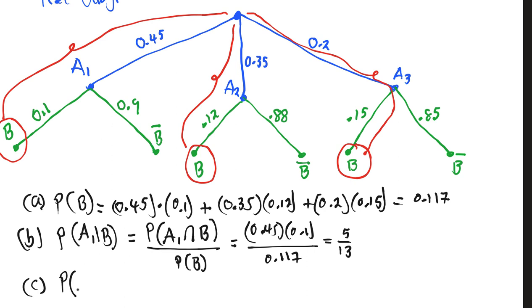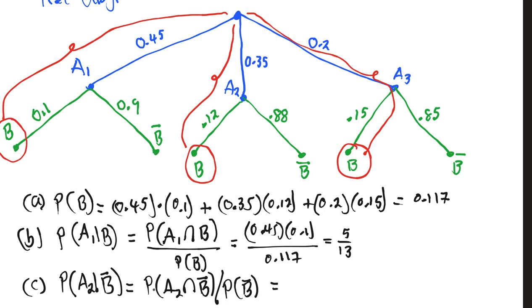That would be the probability of A2 given B complement. Well, let's write down the definition of this conditional probability. It's the probability of A2 and not B, divided by the probability of not B. This is by definition.